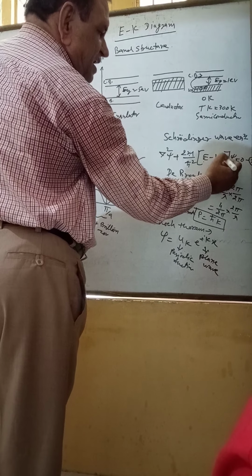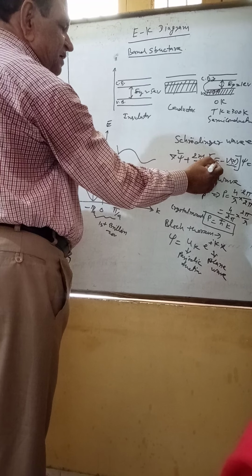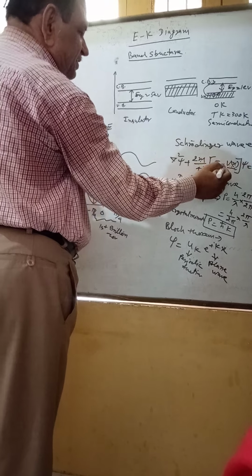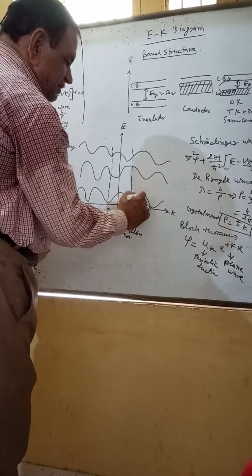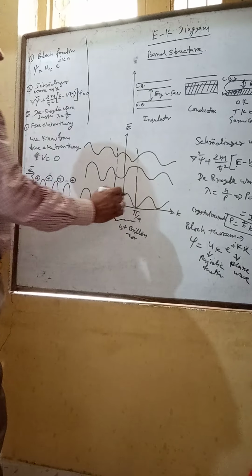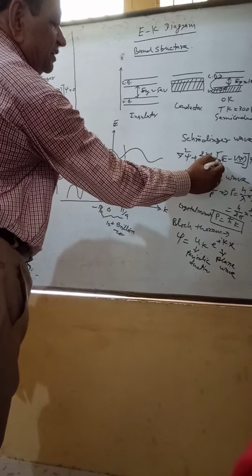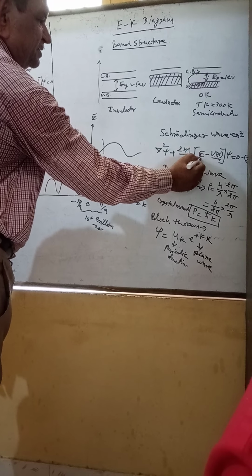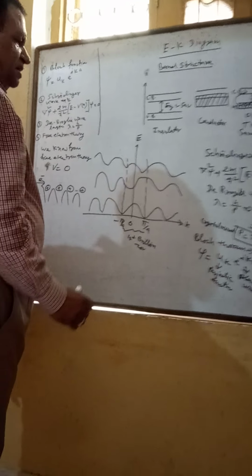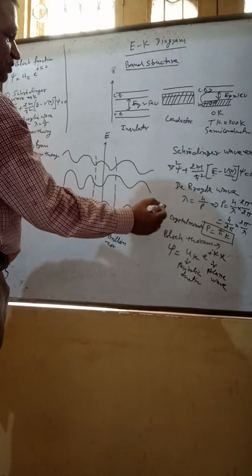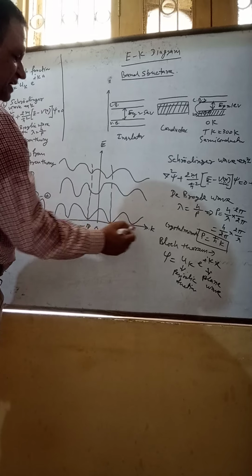Now if we apply this in the Schrodinger wave equation, we find that the potential will vary, and as the potential varies, the energy will also vary. If we plot a graph between E and K, we find a curve like this, with kinetic energy and potential.